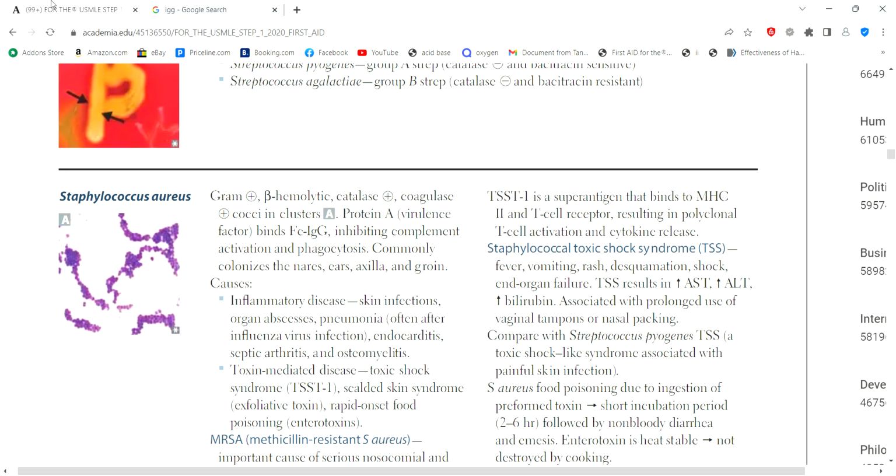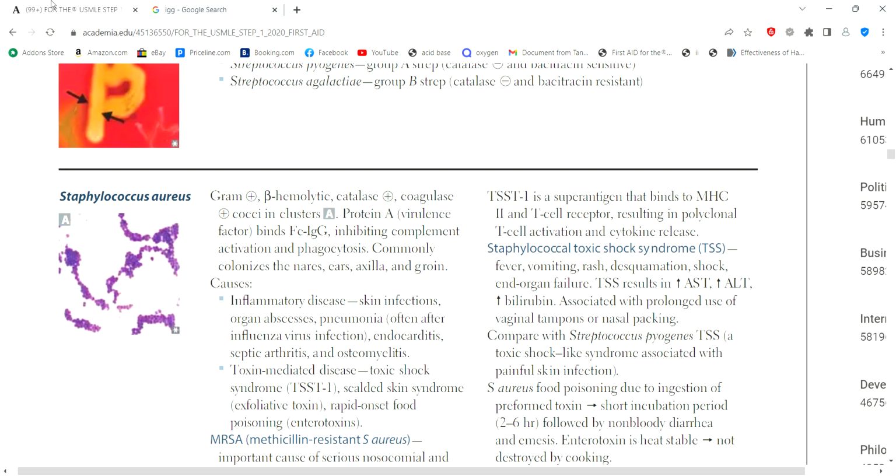Staph aureus can also produce exfoliative toxin, which causes scalded skin syndrome. And it can also cause food poisoning, and it does this through enterotoxins.